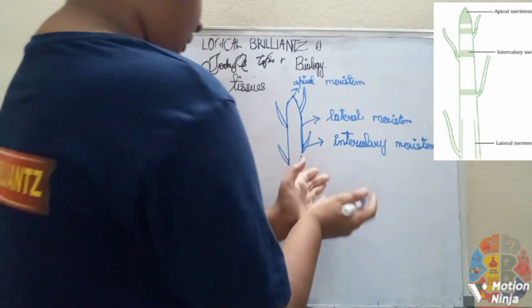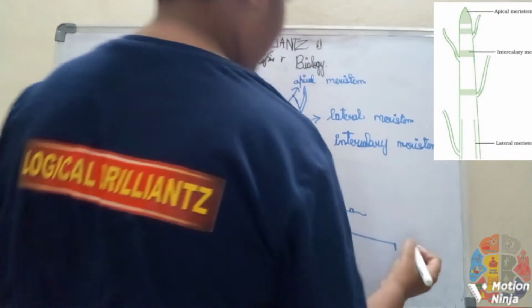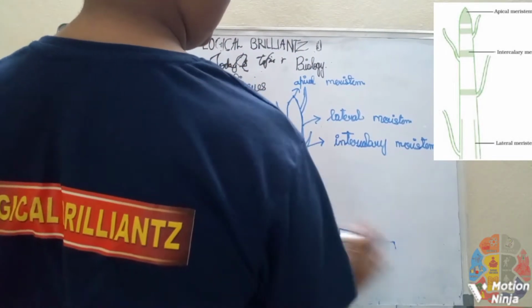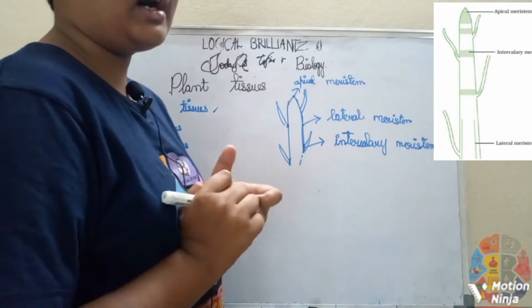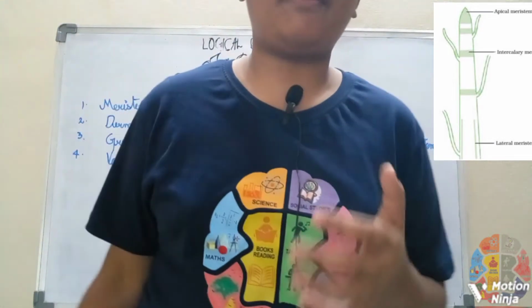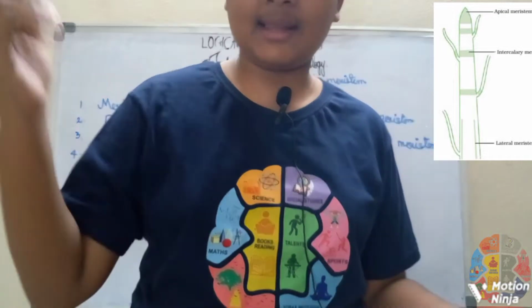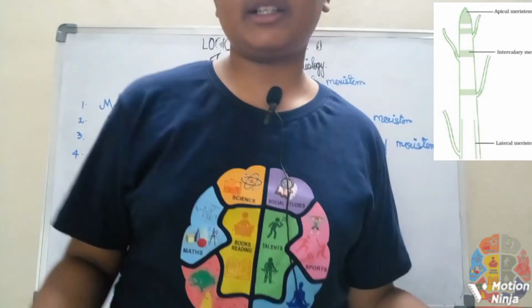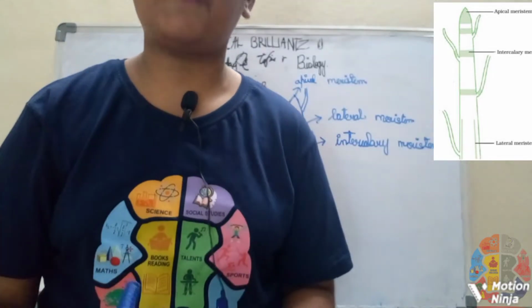It can increase its width, but it can't grow its length because apical meristematic tissues are not there. Meristematic tissues help in the growth of a plant. It may be branches, width, height, or length.